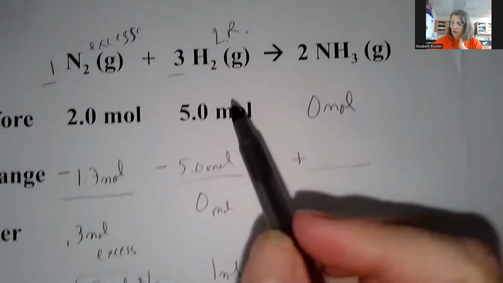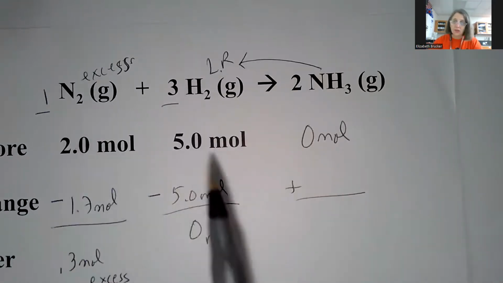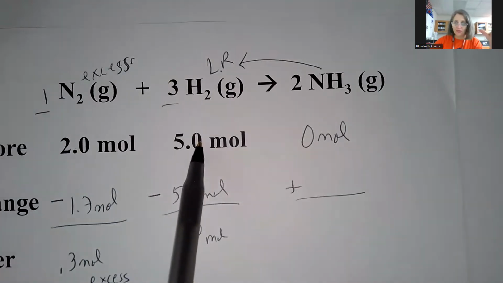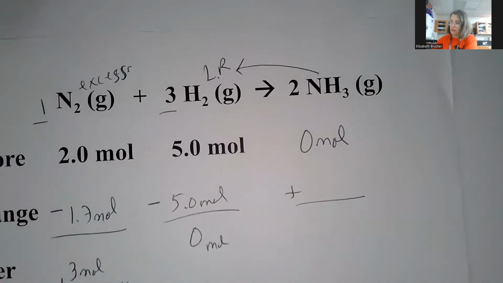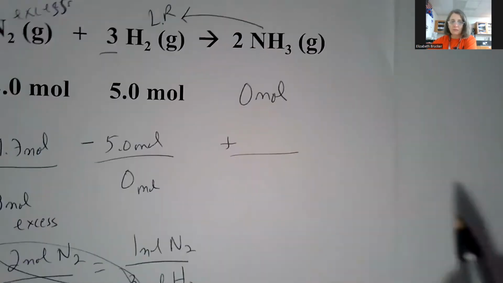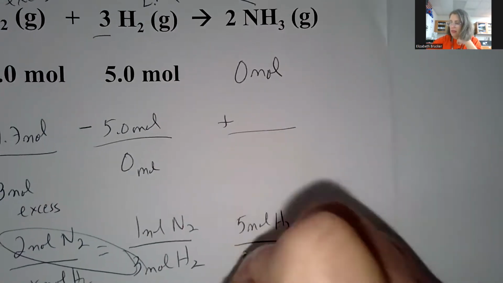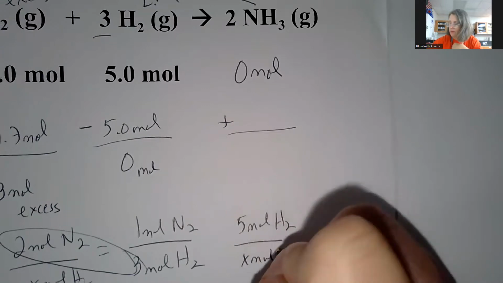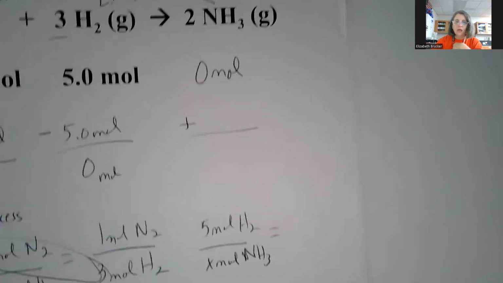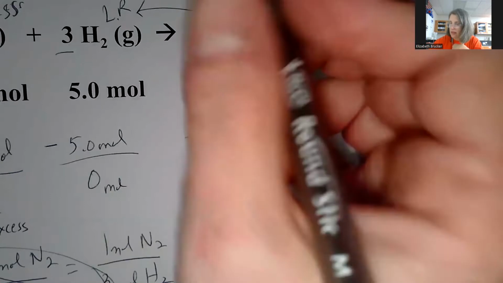And then my ammonia, I need to calculate. Okay. I have to go back to, again, my limiting. I can't look at my nitrogen because I have extra nitrogen. So I must always go with what's limiting me from my pantry. So hydrogen is going to be my limiting. So I'm going to do a mole to mole of hydrogen and ammonia. So I have 5 moles of hydrogen, and I want to know how many moles of ammonia I can make. So I have to go back to, again, the theme is always going to be the balanced chemical equation.